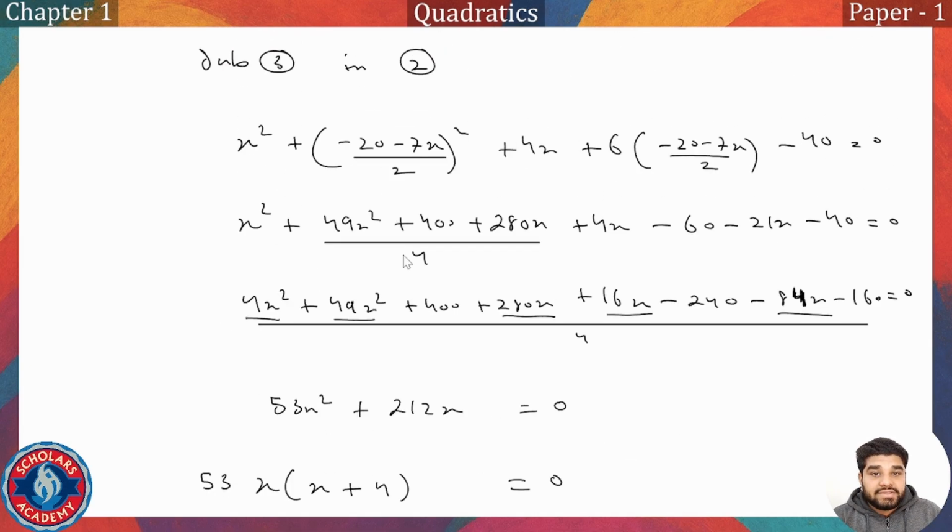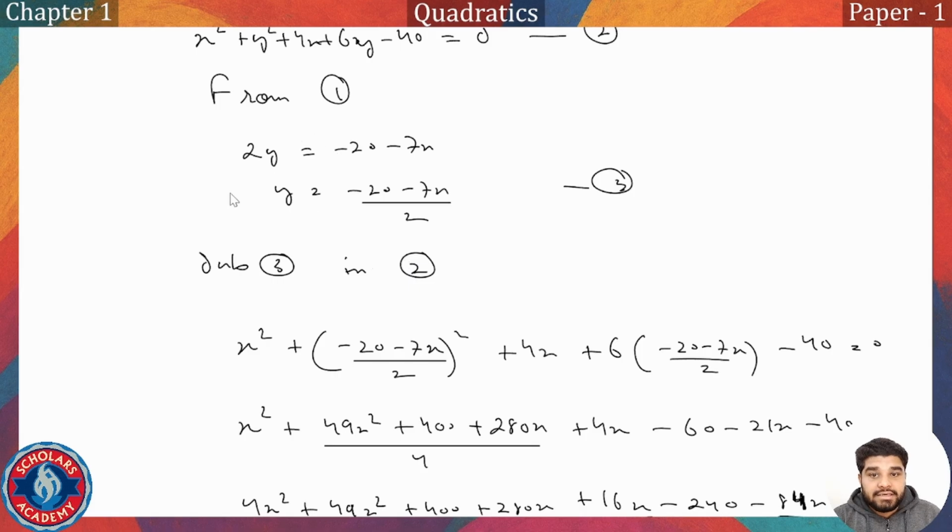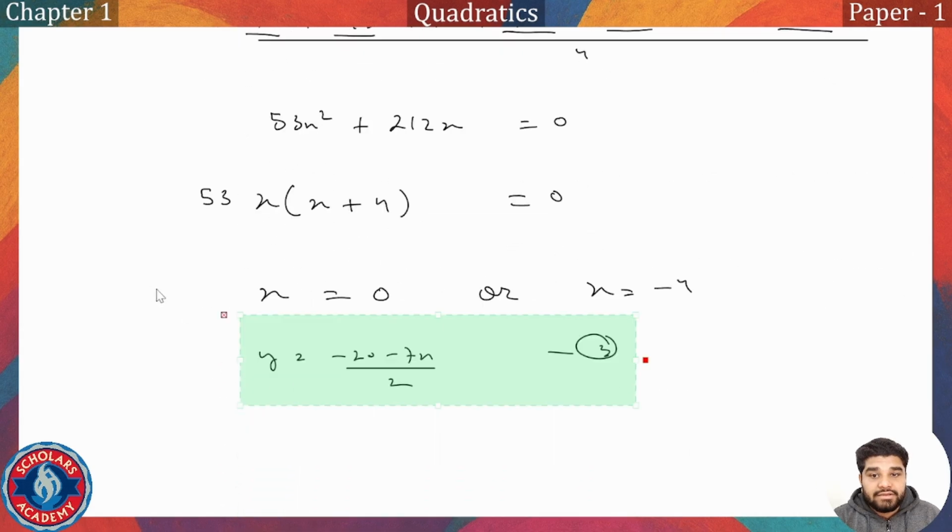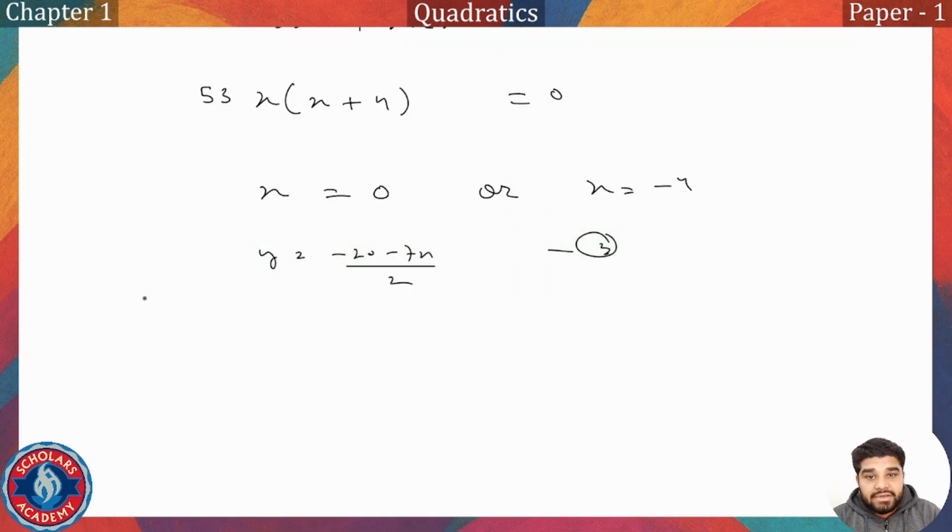So this 53 becomes 0, I just get x is equal to 0 or x is equal to -4. So one coordinate of x is 0 and another coordinate is -4. From equation number 3, I can find the values of y. My y when x is 0, if I substitute 0 here, I'm getting negative 10.